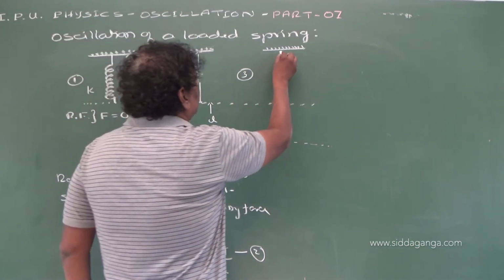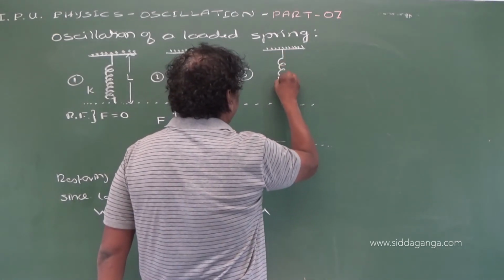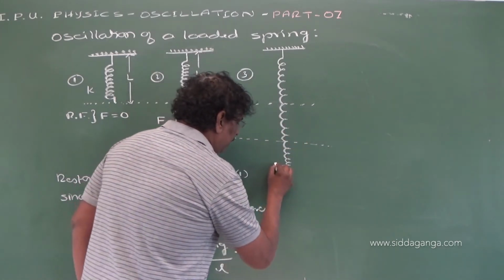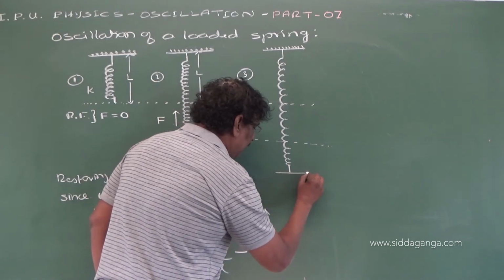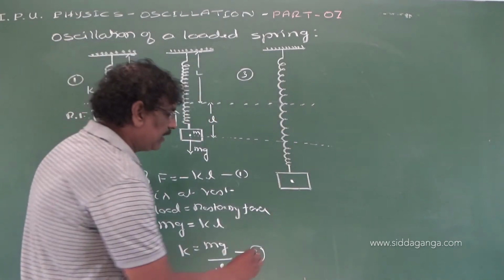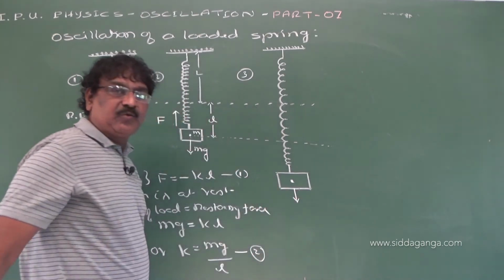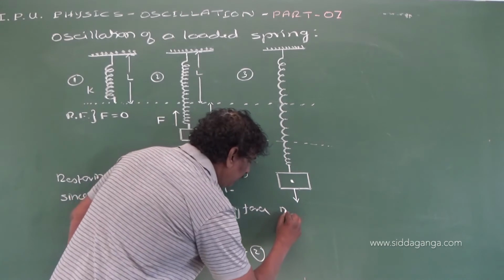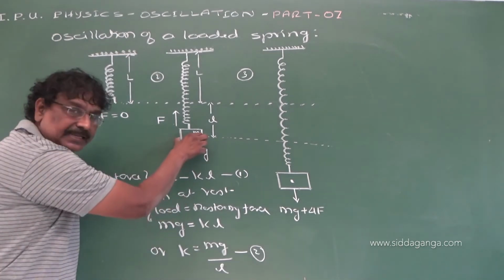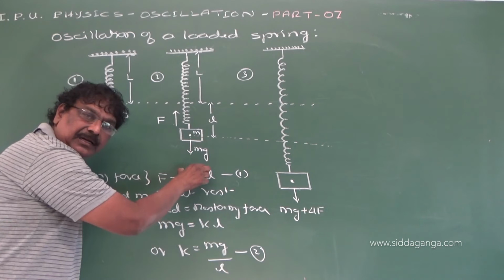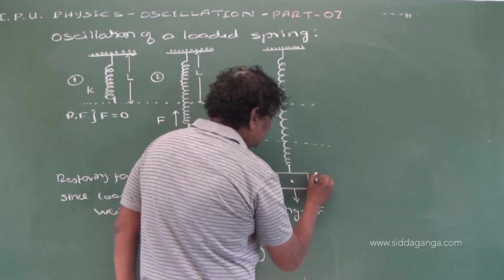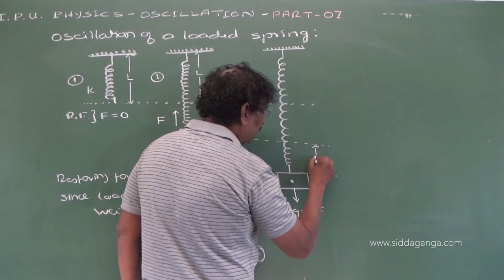So now in this case, the same spring, when the spring is pulled down, there are two forces downward, mg plus say delta F. Delta F is that force that displaces the load from its mean position. Let this displacement be y.